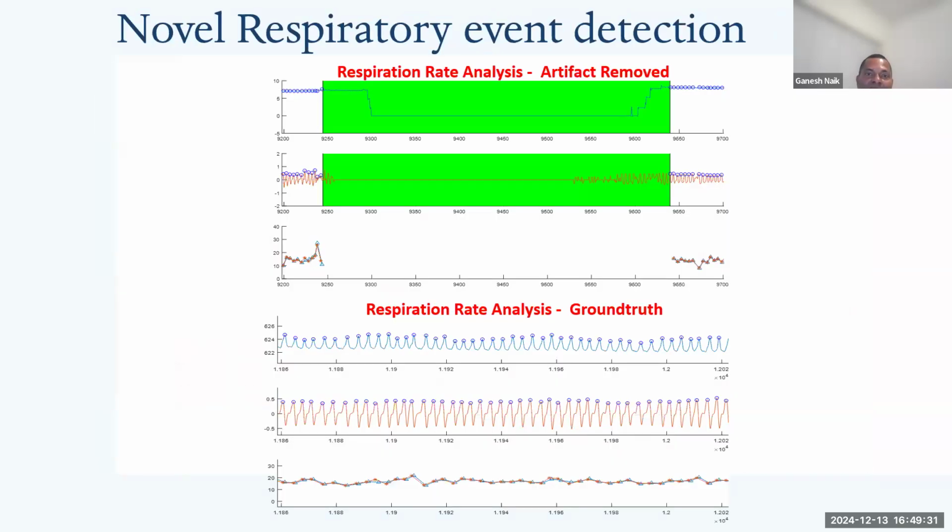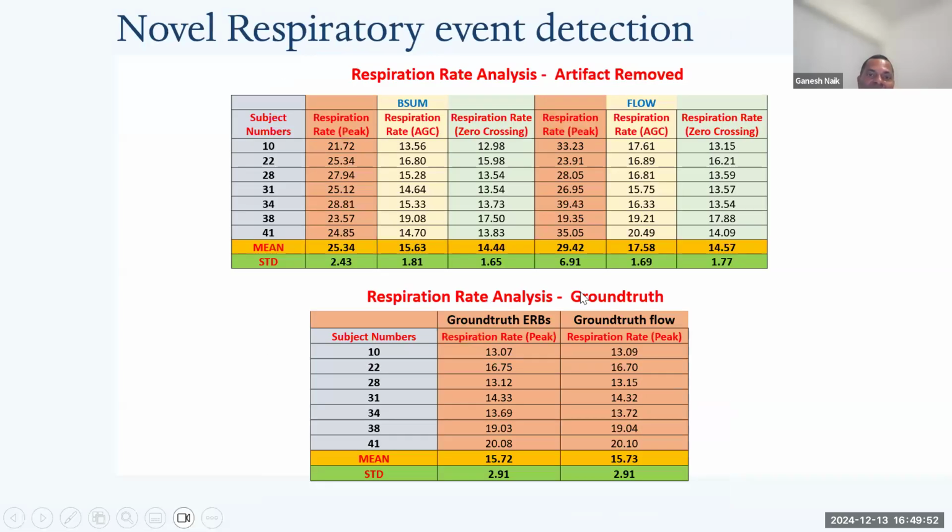The first study was to do the respiratory rate analysis, with the artifact removed. You can see that with the artifact, in this part of the signal there is no respiration at all. But when you do the ground truth, you can get a clear respiration signal. Then we did a study using different algorithms.